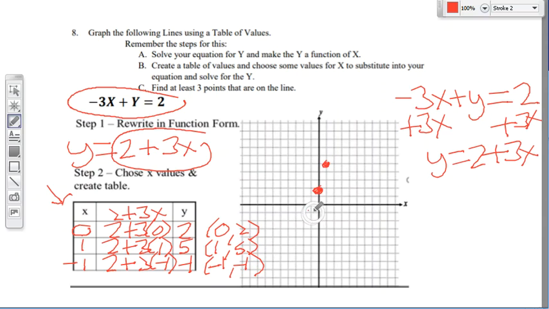If you plot your points and they don't end up in a straight line, that means that you have done something incorrectly in finding the points. So make sure that as you do these, you are using a calculator and that you are doing your integer operations correctly.